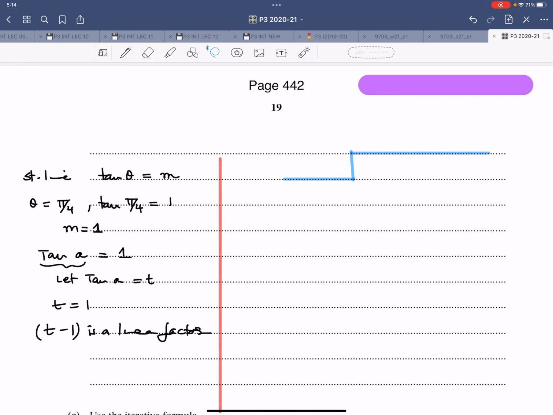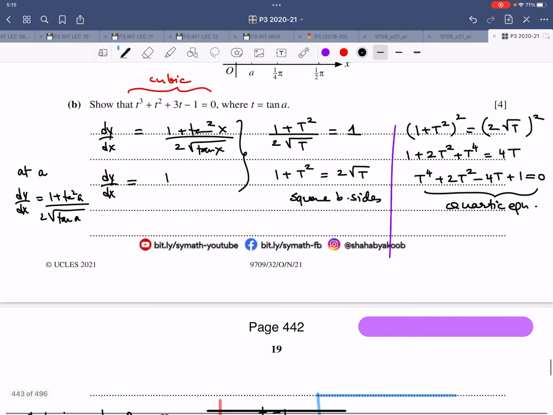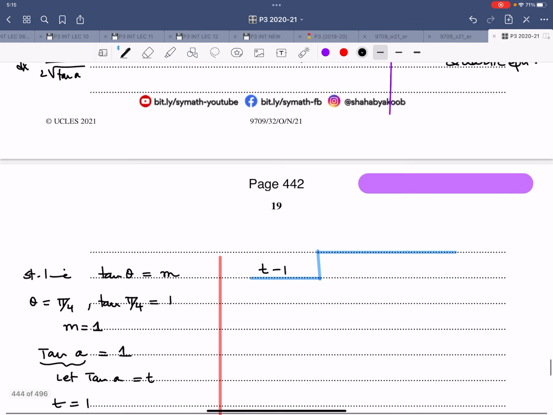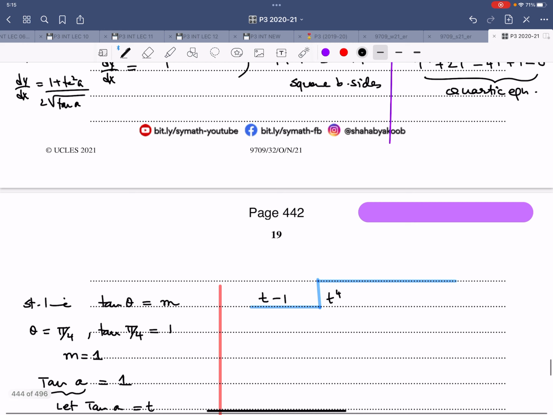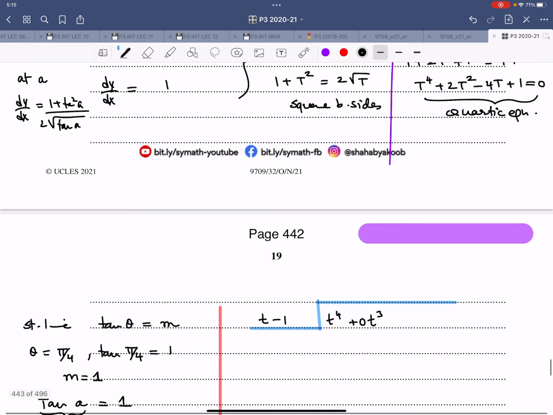So we have t minus 1, that's a linear factor. And the quartic equation is t power 4, there is no t cube term, that is 0 t cube, and then there is 2t square and minus 4t plus 1.